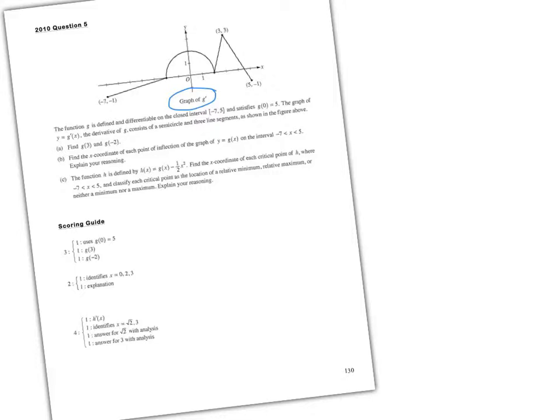Okay, so if I want g of 3, I want to somehow use this initial value, this g of 0 equals 5. So what I'm going to do for part A is integrate from 0 to 3 of g prime in order to get g of 3 minus g of 0. That's the fundamental theorem of calculus, correct?